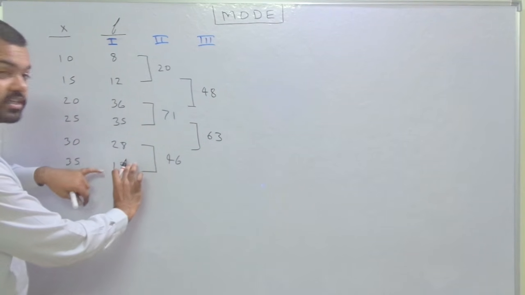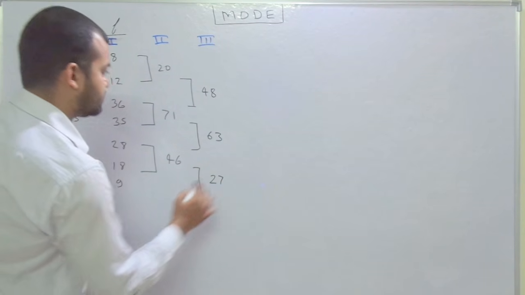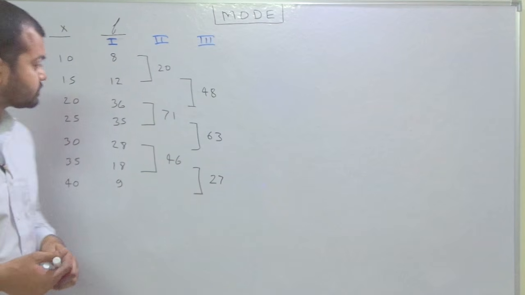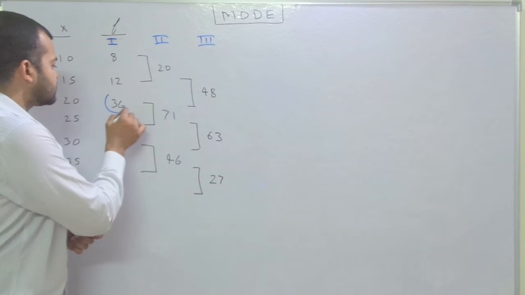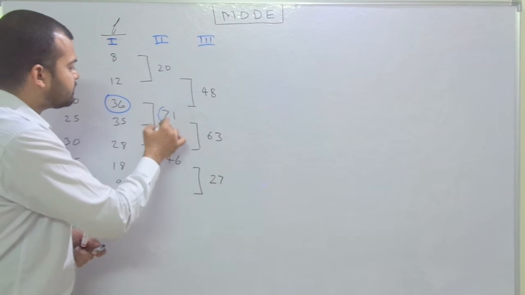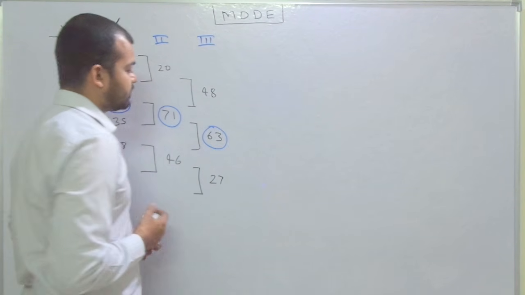And the last two, 18 plus 9, is 27. We need to mark the highest figures also. In the second column 71 is the highest value, and in this column 63 is the highest value.